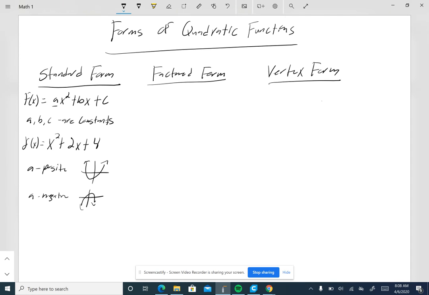That's a. Then the next thing it tells us is c is actually equal to the y-intercept. And we talked about how that was important in the last video.